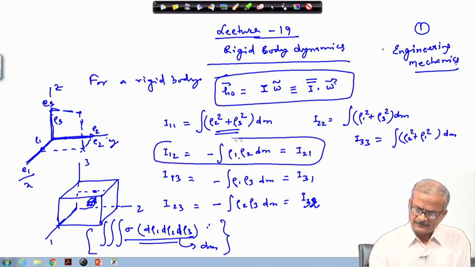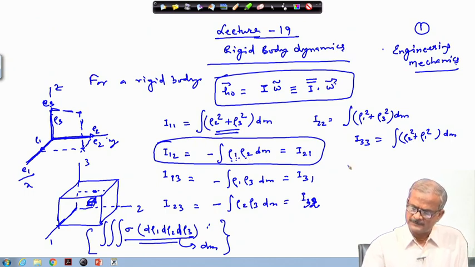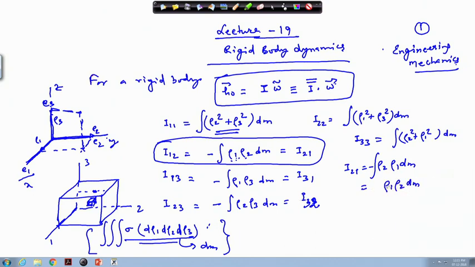Why? Because if you change the order of the two, this is a scalar. So, this integration is over scalar quantities. If you change the order of rho 2 and rho 1, it does not make a difference. Therefore, if you write I 1 2 as rho 1 rho 2, and I 2 1 as rho 2 times rho 1 with the minus sign here, d m, this is nothing but rho 1 times rho 2, the order changed, and this is equal to I 1 2.